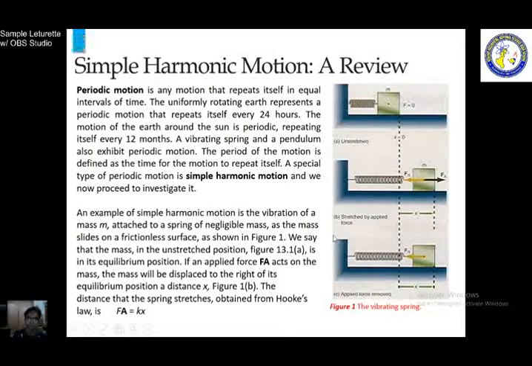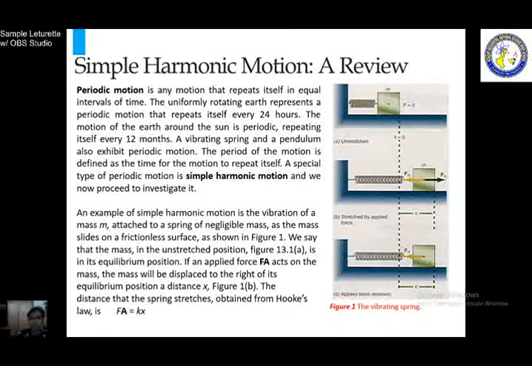Okay? So let's start with our topic, simple harmonic motion, a review. Last meeting we discussed periodic motion. And you all know that periodic motion is simply any motion that repeats itself in equal intervals of time. For example, you have the planets that revolve around the sun. It is periodic because it repeats every 12 months.